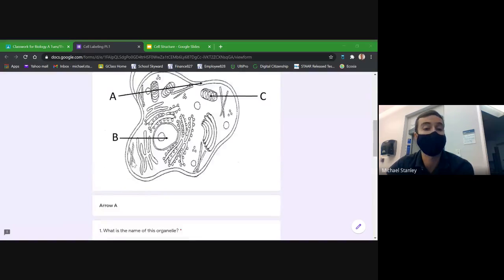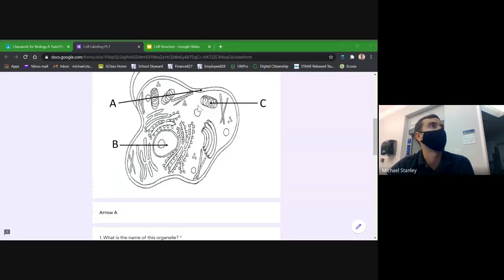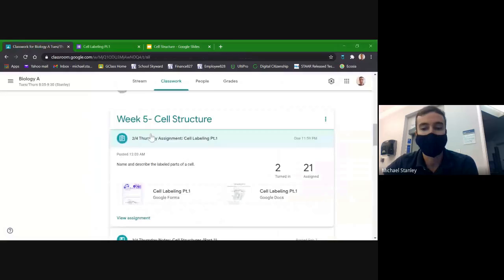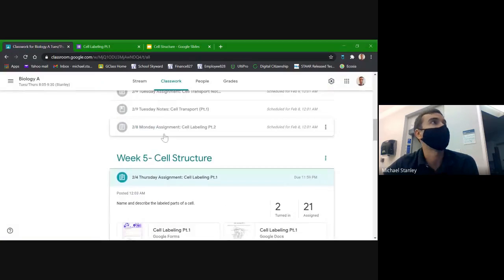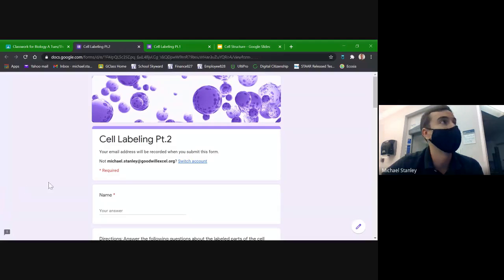So today's assignment only has 3 organelles. We have organelle A right along here, organelle B down here, and organelle C right here. And for each one of these, I want you to just tell me what is it and what does it do? What's its main function for the cell? And then Monday's assignment is basically the same thing with a new set of organelles.